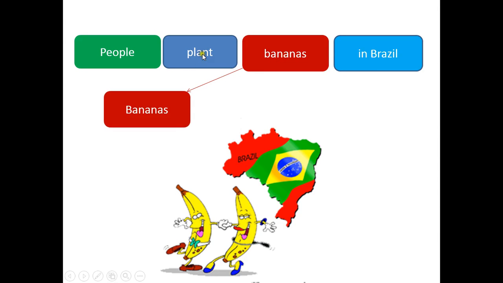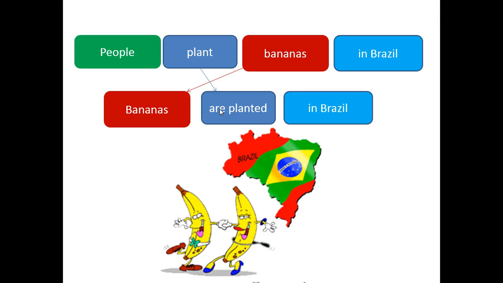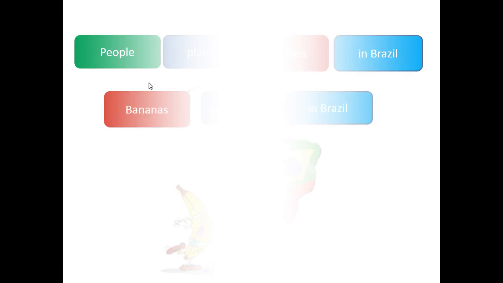Look here, plant is still present, but the new subject is not singular, it's plural, bananas. So we use are, and the verb 3 from plant is planted. So the sentence is bananas are planted in Brazil. Again we say it's not a must to say by people.